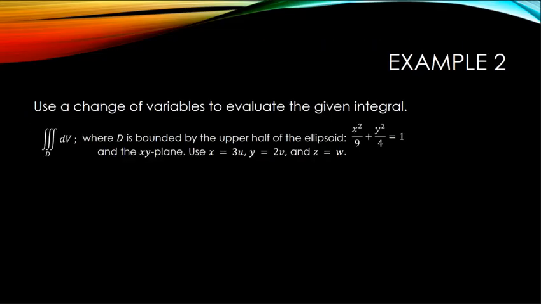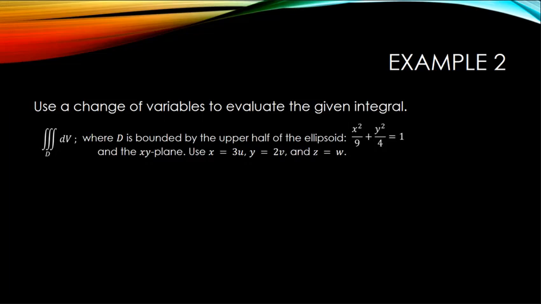Let's work an example. I want to use a change of variables to evaluate the given integral. I'm looking to evaluate the triple integral over the region D of dV, where D is bounded by the upper half of the ellipsoid x squared over 9 plus y squared over 4 is equal to 1, and the xy plane.